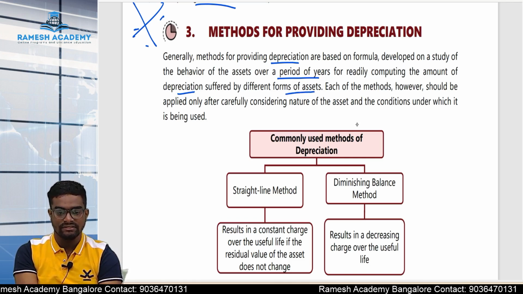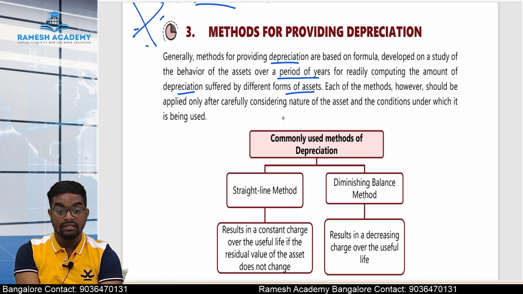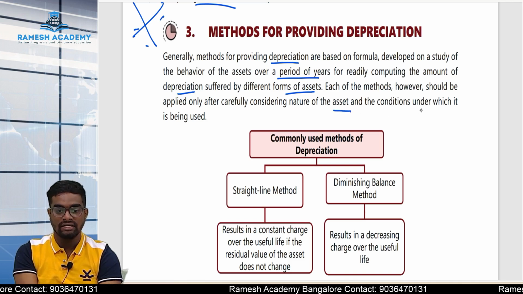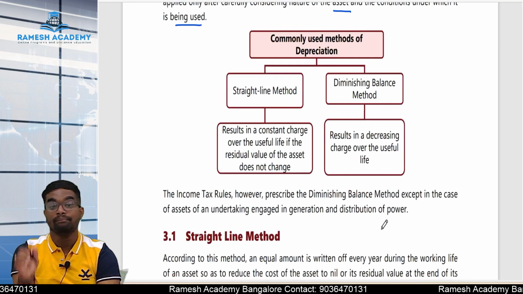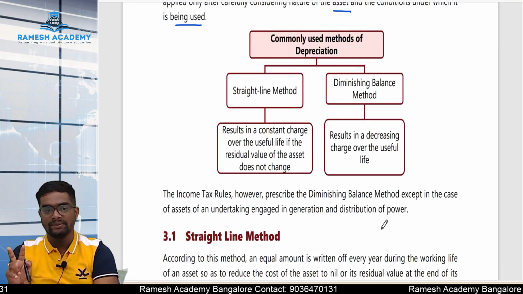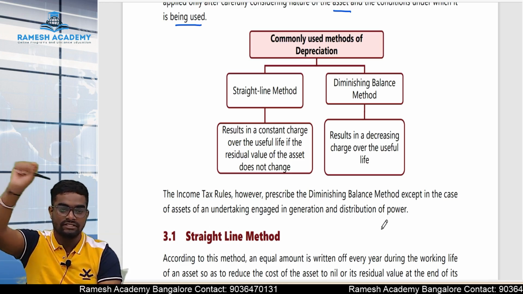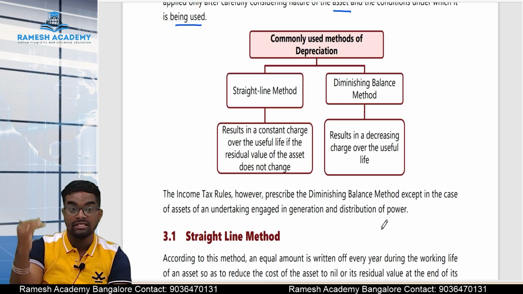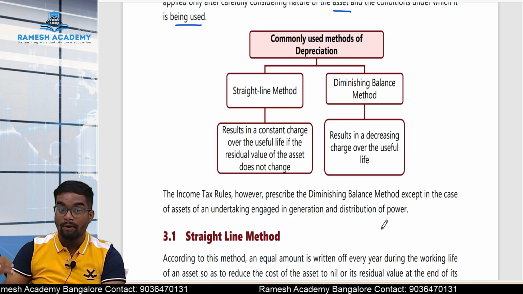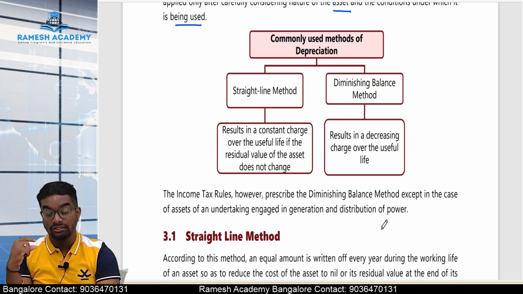Each of the methods, however, should be applied only after carefully considering the nature of the asset and the condition under which it is being used. So basically we have two types. One is straight line, where the amount of depreciation will be equal for all number of years, and the second one is diminishing balance or written down value, where the amount of depreciation will keep on decreasing because we charge depreciation on the written down value.